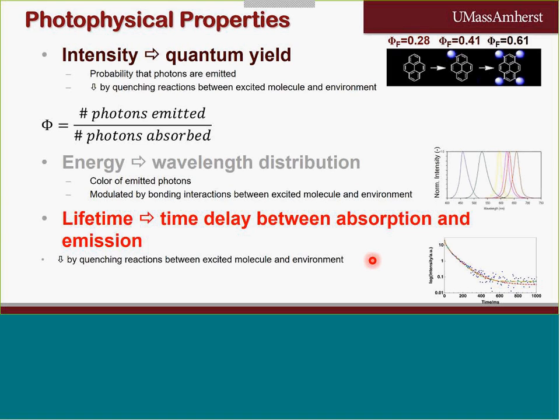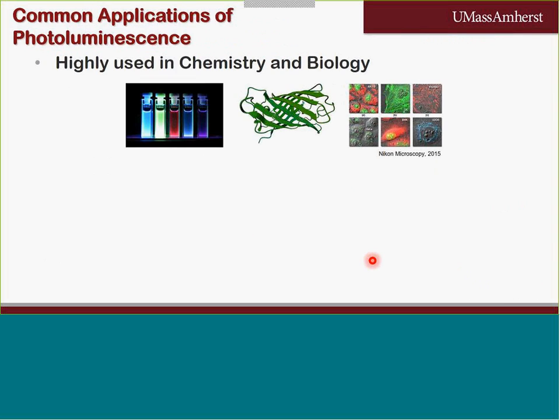When we are talking about photoluminescence, you are probably familiar with the numerous uses it has had in chemistry and biology. For example, the use of solvatochromic dyes to characterize solvents, the use of green fluorescent proteins, and also applications of selective fluorescent dyes in microscopy that allow differentiating, for example, a lipid region from a proteic region in a cell.